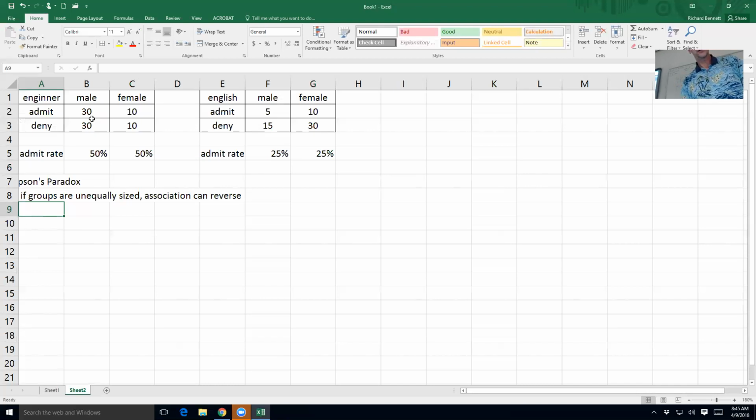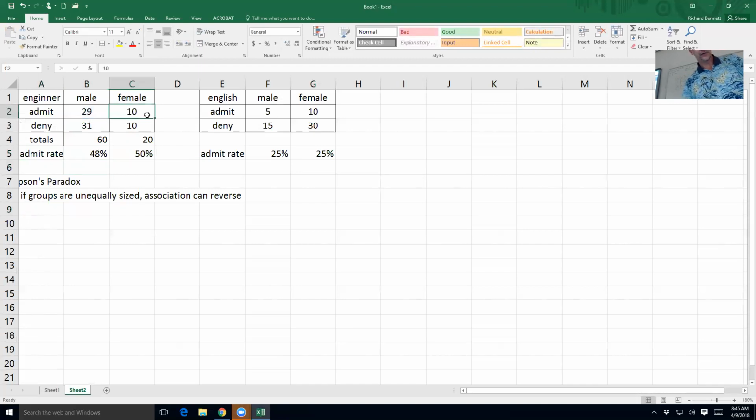And the interesting thing was, it wasn't quite 50-50. Let's pretend for a minute that 29 males were admitted, 31 were denied. Let's figure out my totals. And so this will be this divided by that.